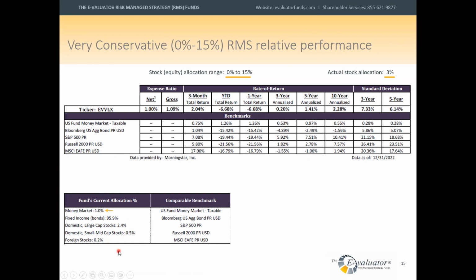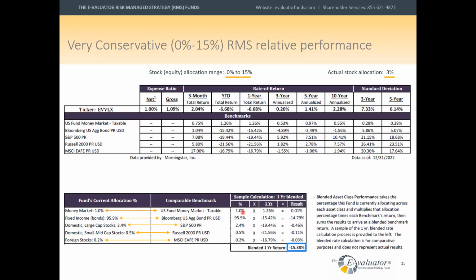So then what we would do is we would align that same percentage against the performance of each of these benchmarks. So if we wanted to figure out what the blended return was of an asset allocation across these asset classes, we would take the percentage that you see in this column, 1%, 94, 5.9, 2.4, etc.